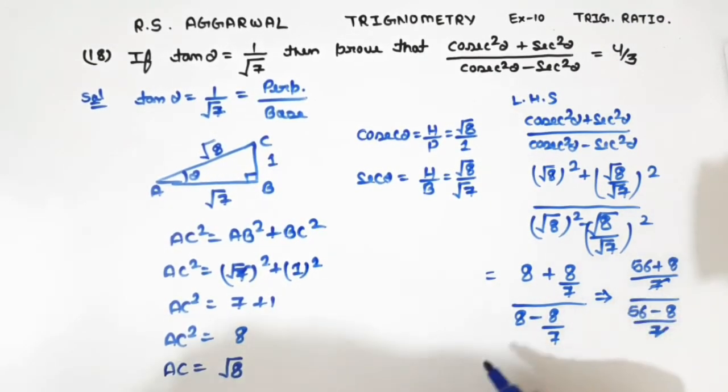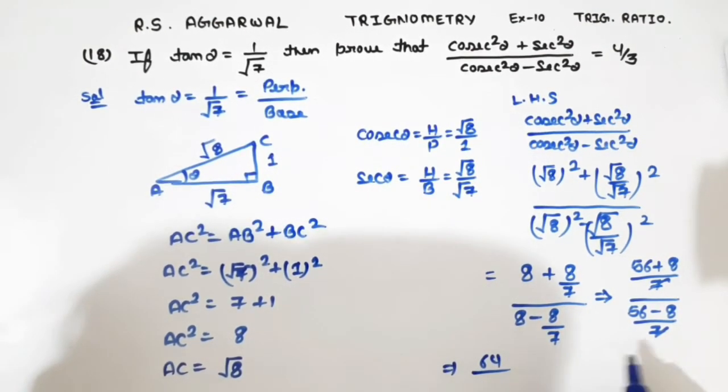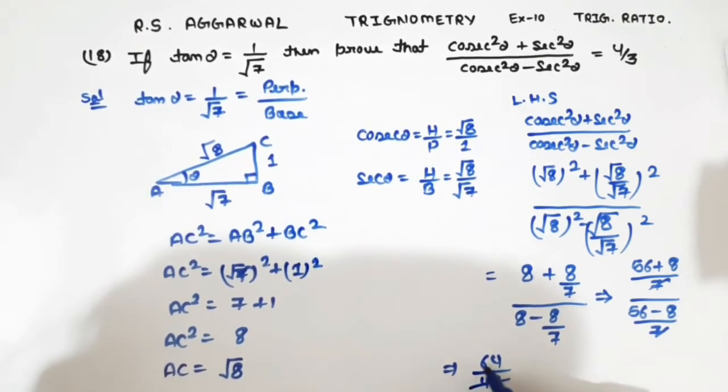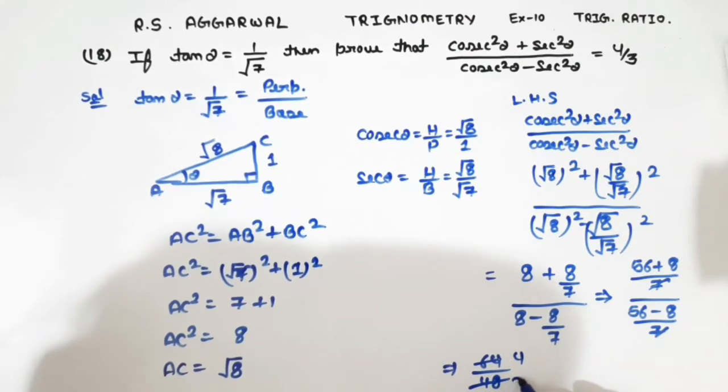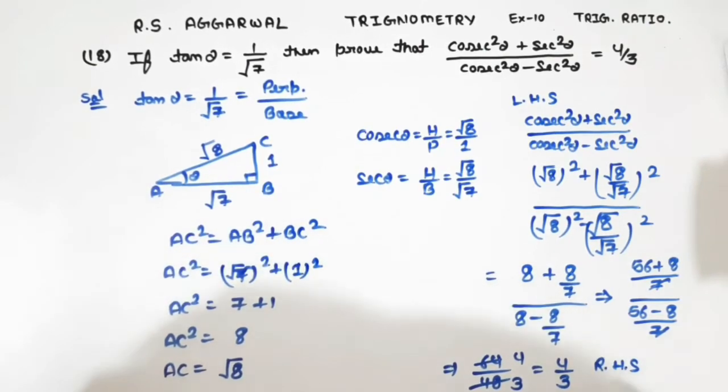So 56 plus 8 will be 64, and 56 minus 8 will be 48. So from 16, that will be cancelled out 4 times, and this will be 3 times. So this will be equals to 4 upon 3. That is equals to RHS. Hence proved.